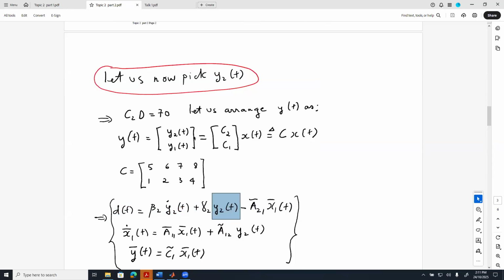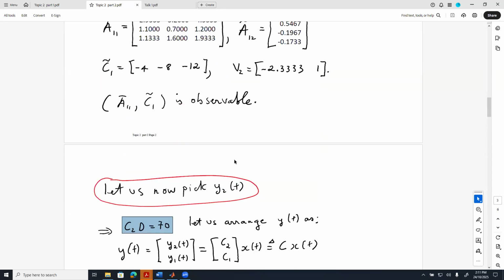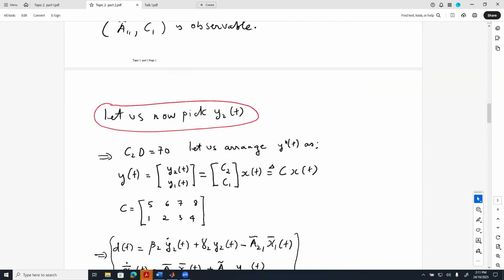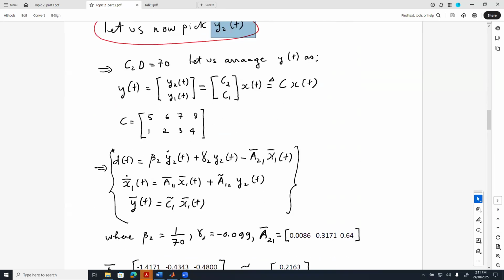The reason why we can do it is because when we look at the output matrix C2 associated with output measurement y2 of t, when we multiply by D, it's in fact a non-zero element, which is what we found from here. So if we pick y2 of t instead of y1 of t and use it in our decomposition for the unknown input, it can be done. It's no problem at all.